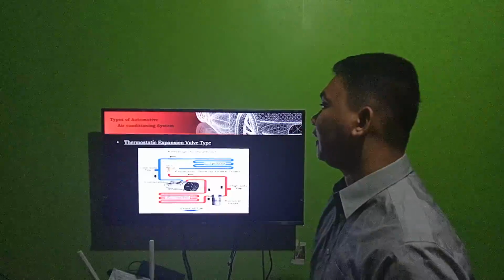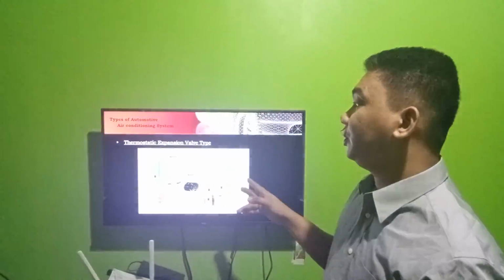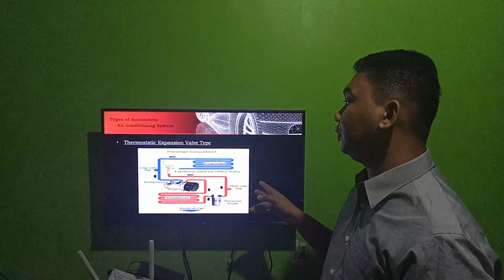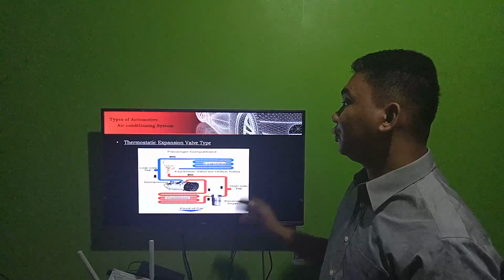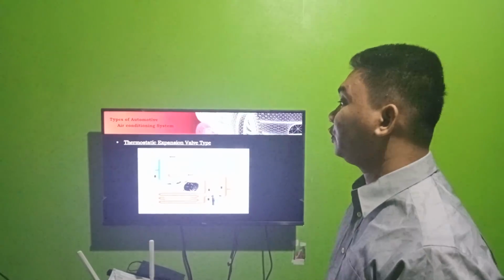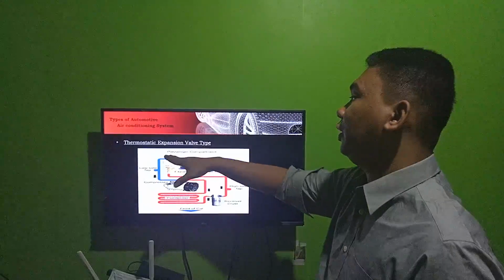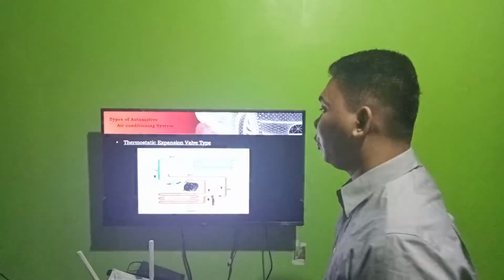Always remember also that. So the second type of automotive air conditioning system is the thermostatic expansion valve. Thermostatic, from the word itself, thermos, temperature, expansion valve type, okay?